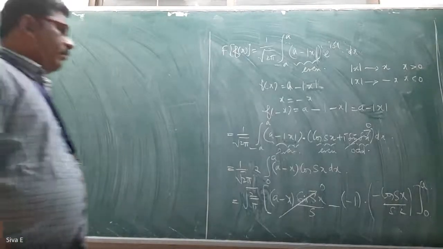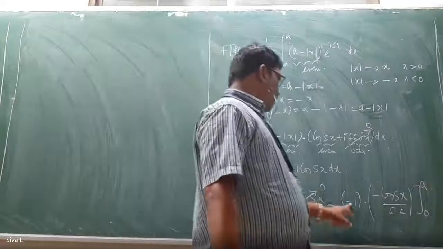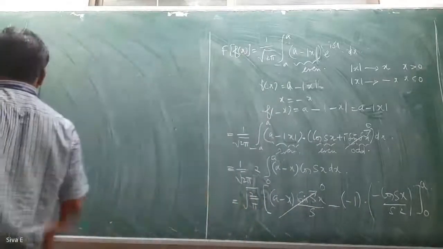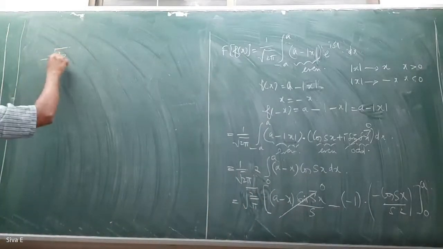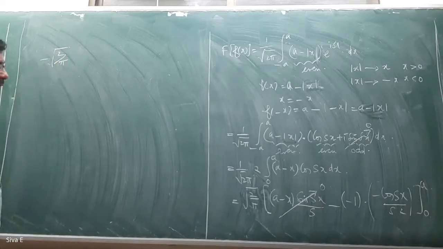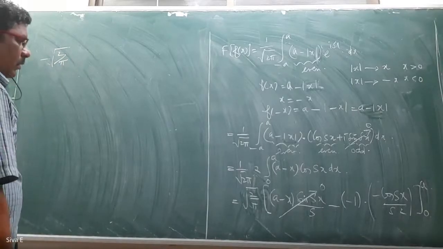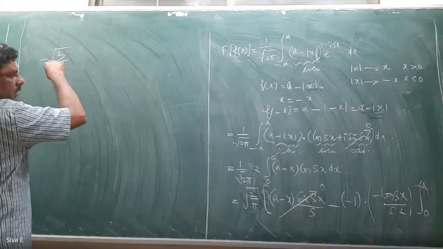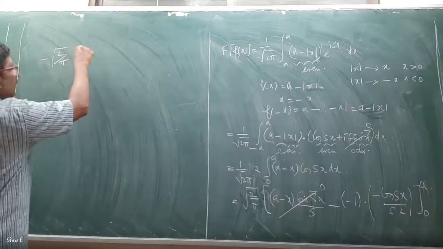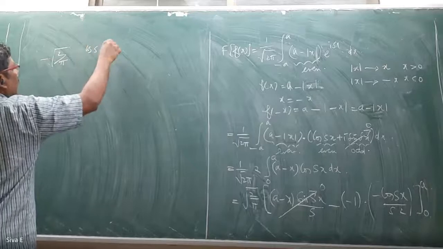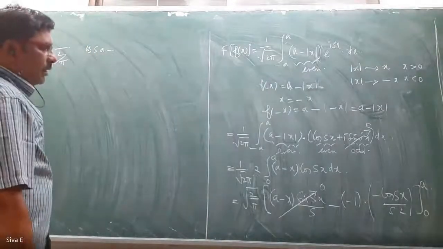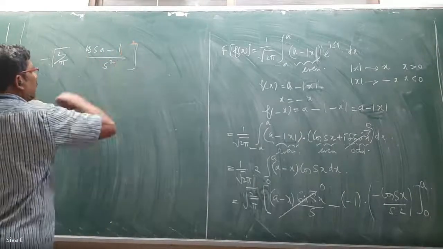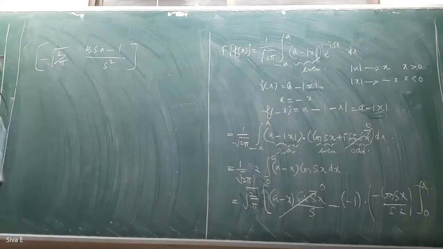And then one more thing, minus minus minus is there, three minuses are there. So take that minus outside. Minus root 2 by pi, cos sa by s square minus, if you substitute 0 there, cos 0 is 1, so 1 by s square, and then minus is there outside.